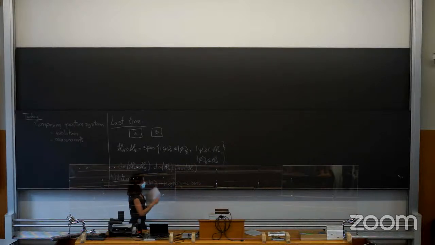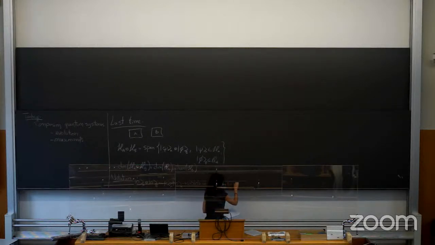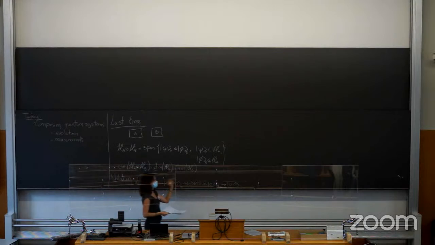And sometimes, especially with states like zeros and ones, one often even writes them all inside the same ket, and that's the same as saying just 0, 0. Whenever something is clear from context, we try to make it simpler so that we don't write this whole thing all the time.